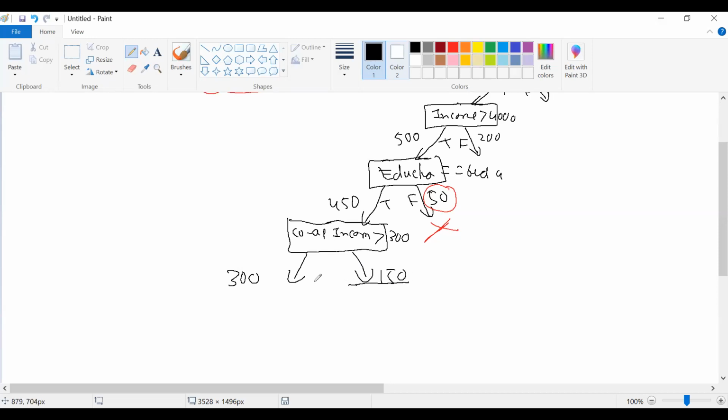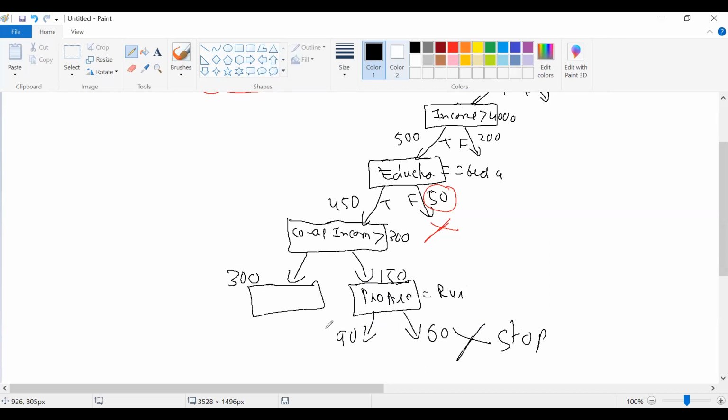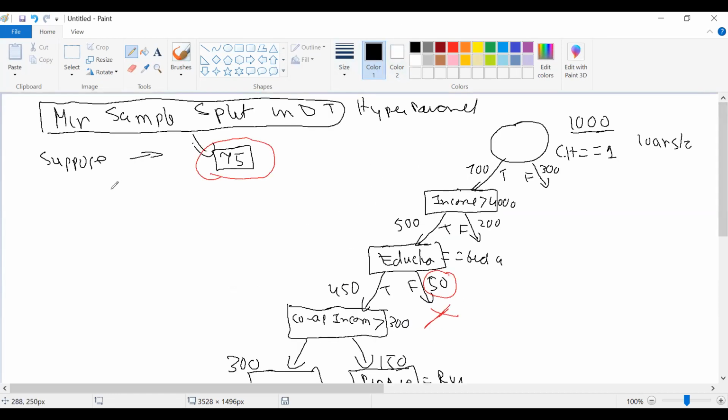And you may check some condition here also, let me say property area equal to rural. Out of 150, let me say 90 were over here and 60 were over here. Again, this will stop. This 90 can still continue to split. So this is an example of minimum sample split.